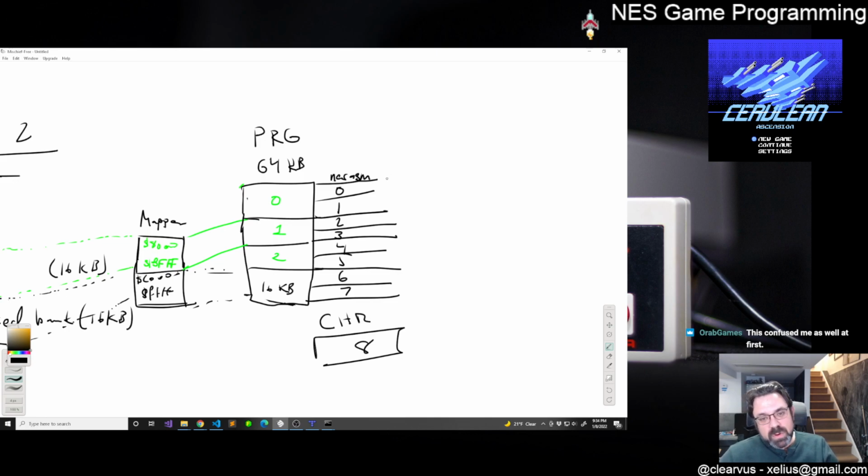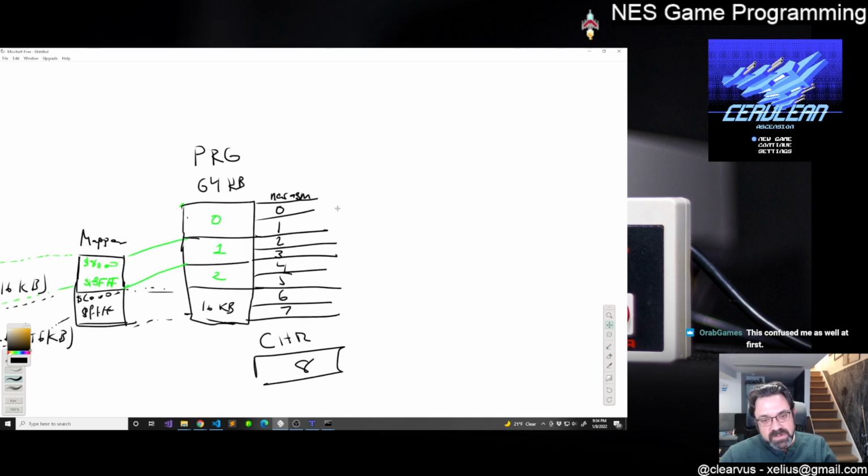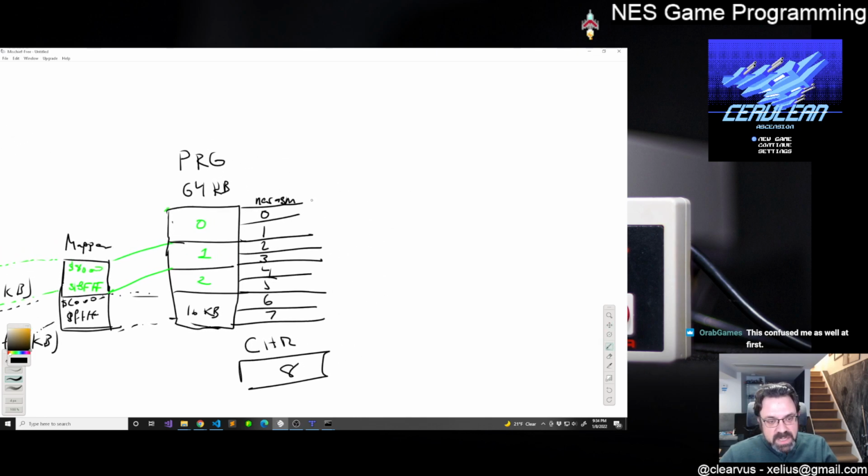So the important thing to remember in your code is that the ranges of the banks are always the same. The first part of the bank is always 8000 as the org, the starting point, and then the second part of the bank.